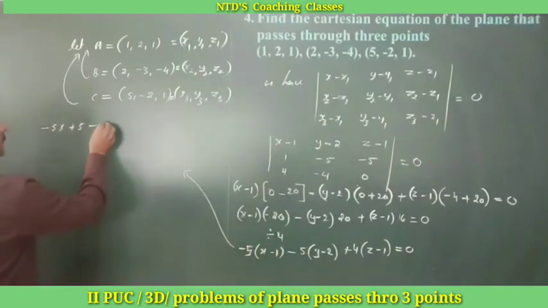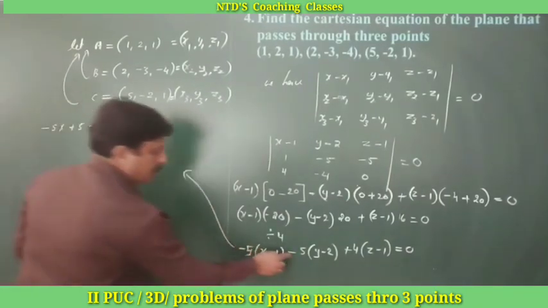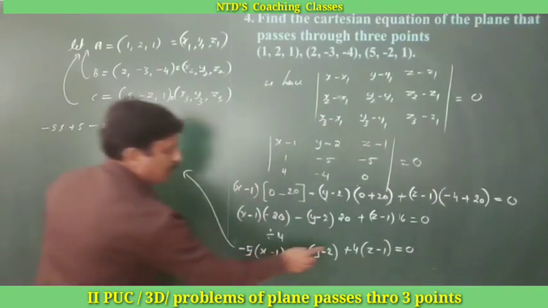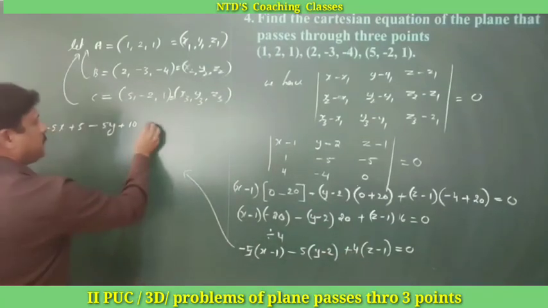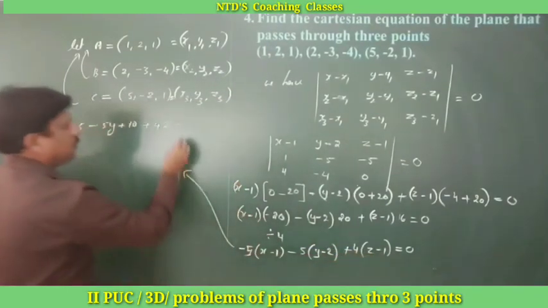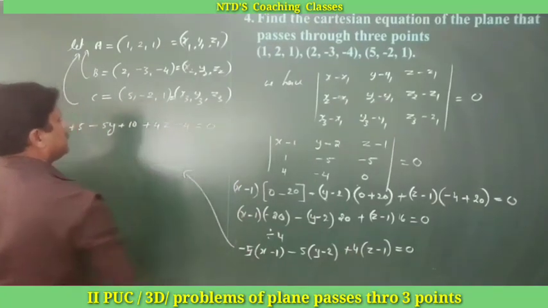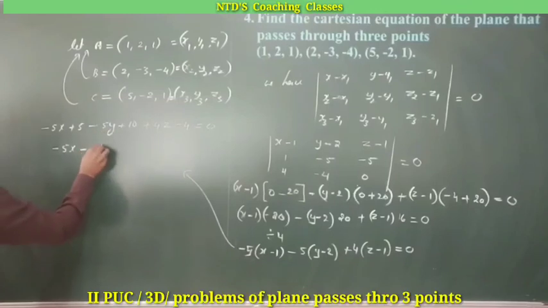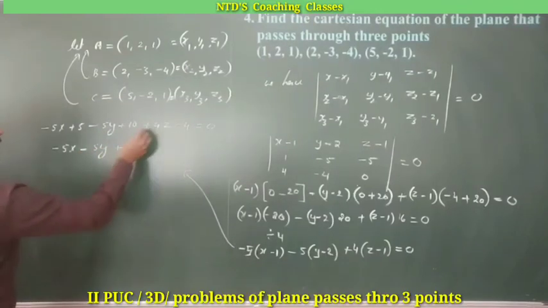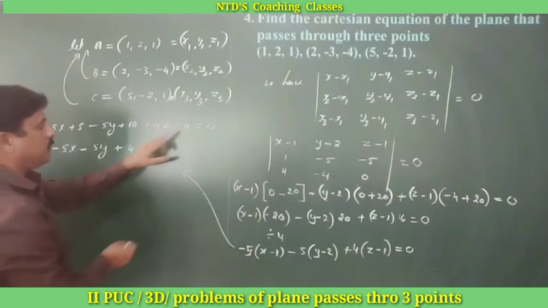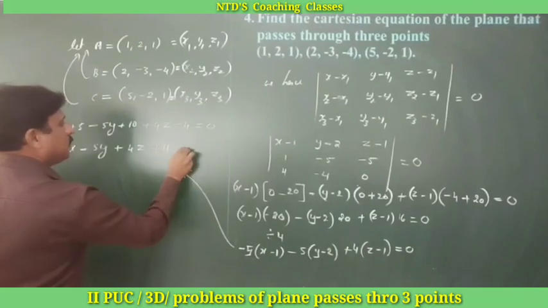Minus 5y, minus into minus plus 10. 4 into z, plus 4z, 4 into minus 1, minus 4, equals 0. Simplify. First x, minus 5x. Next y, minus 5y. Next z, plus 4z. Next constants 5 plus 10, 15, 15 minus 4, plus 11 equals 0.